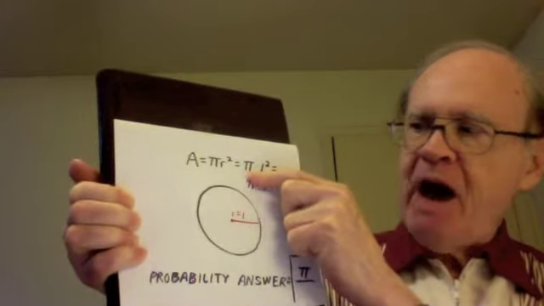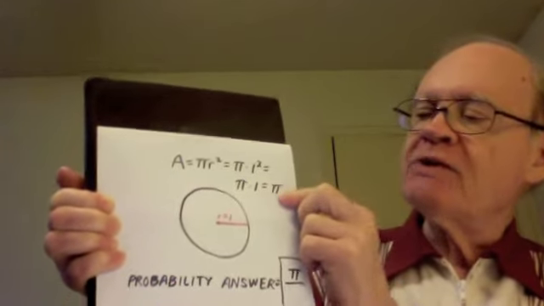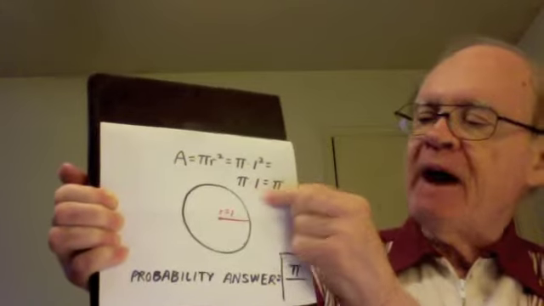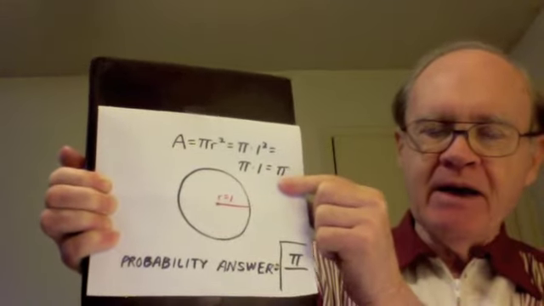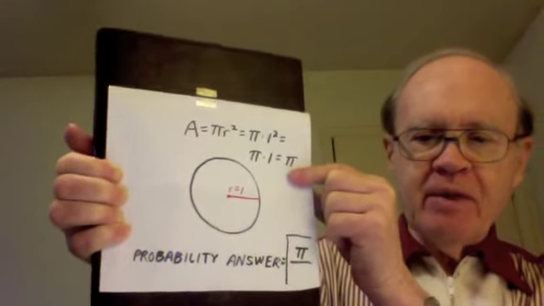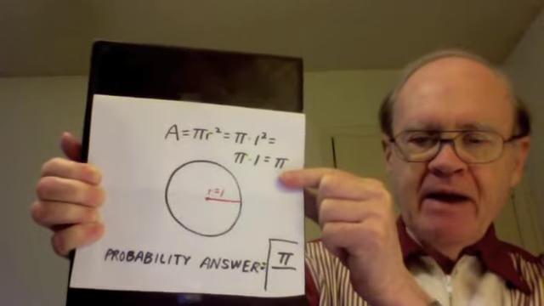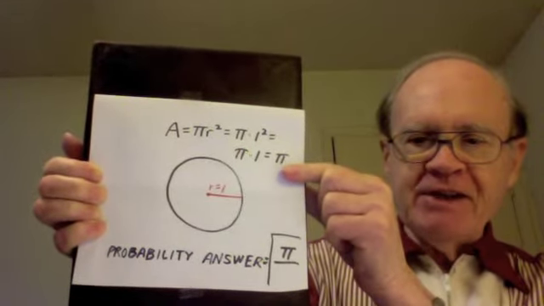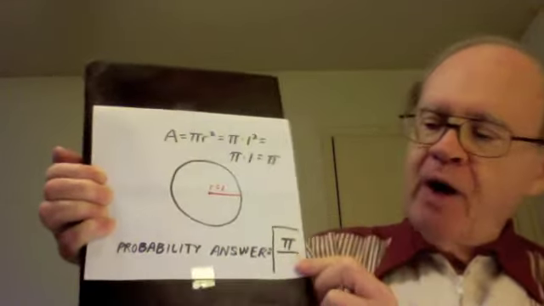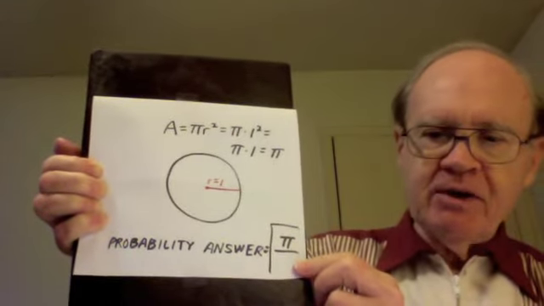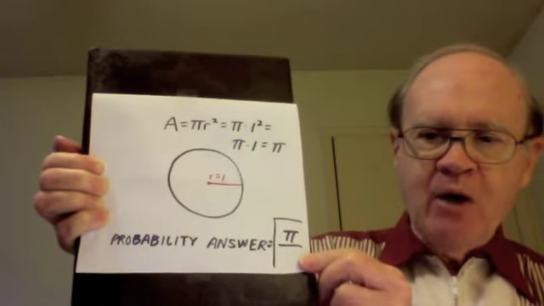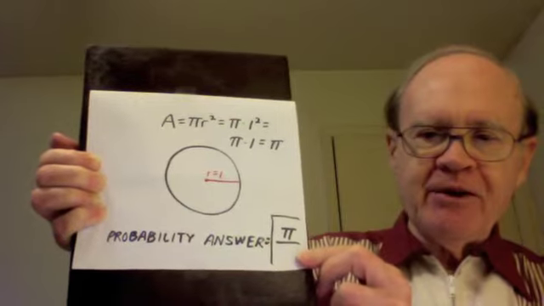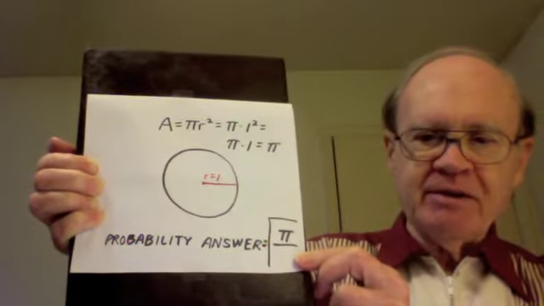In this case, pi times 1 squared. 1 squared is 1. That's pi times 1, which is simply pi. So the area of the inner circle is simply pi. And that is the numerator of our probability answer. So our probability answer will be pi over some denominator yet to be determined.